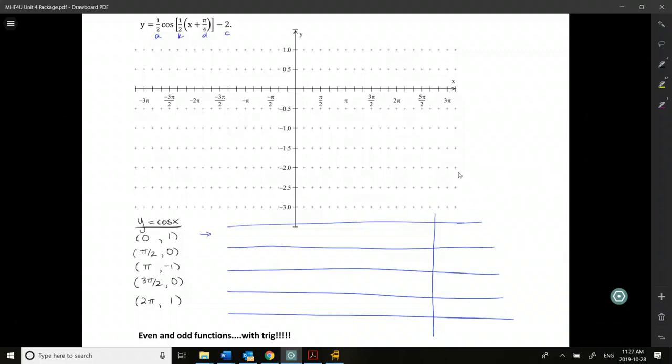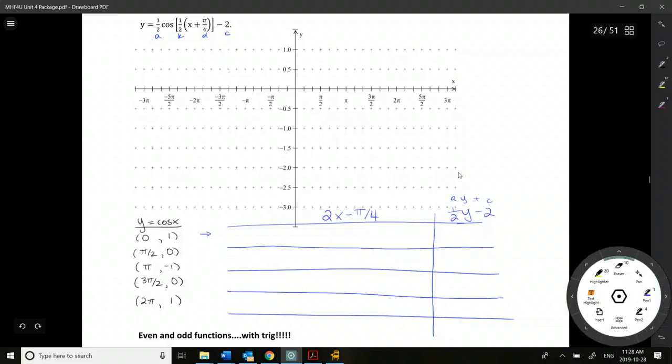It would be 2x minus pi over 4. Great. And half of y minus 2. Awesome. Okay, so reciprocal of the k value is a half, so I'm using 2 times x, and switch the sign of the d value. It looks like plus pi over 4 in the equation, so I use minus pi over 4. And then the a and the c should look exactly as they look in the equation. Okay, so it's just ay plus c.